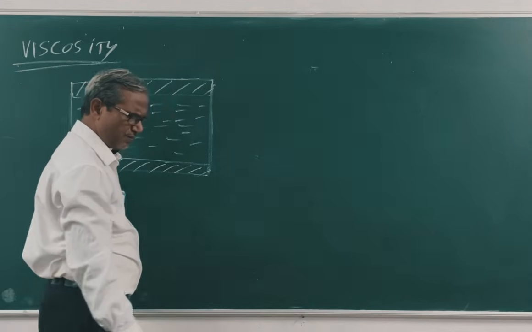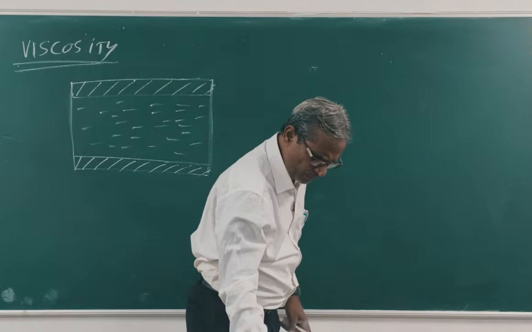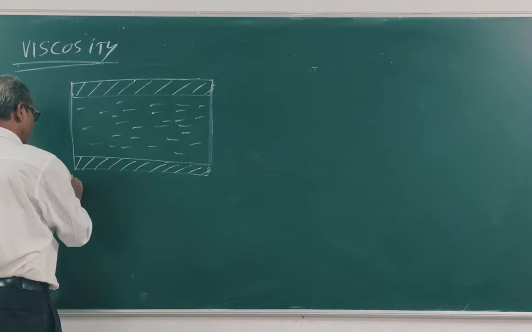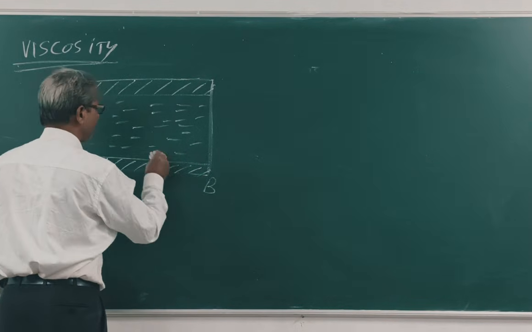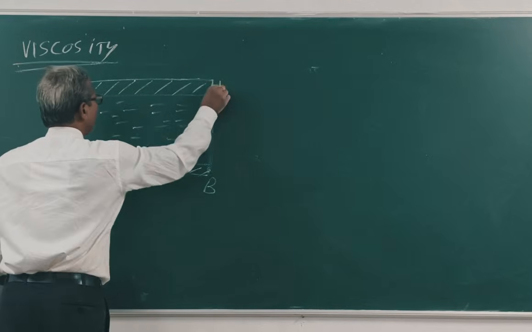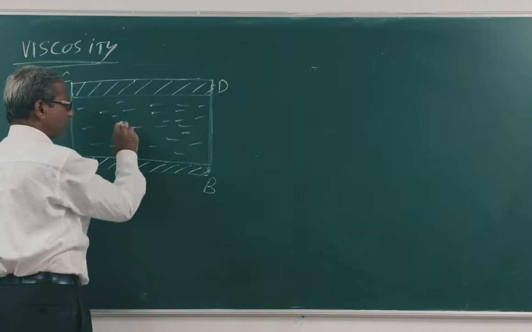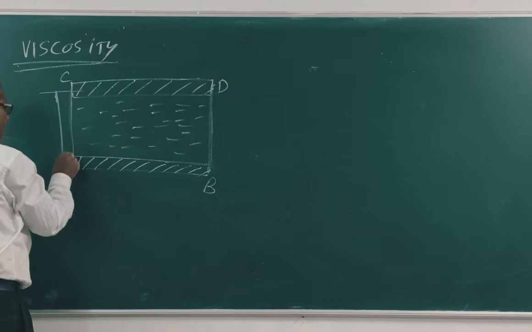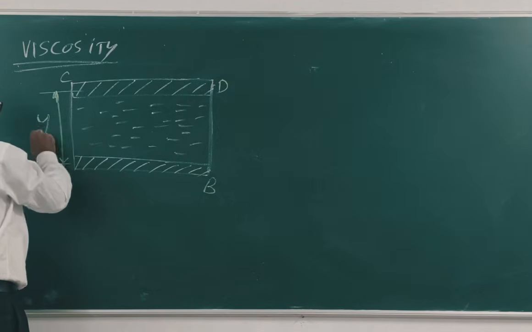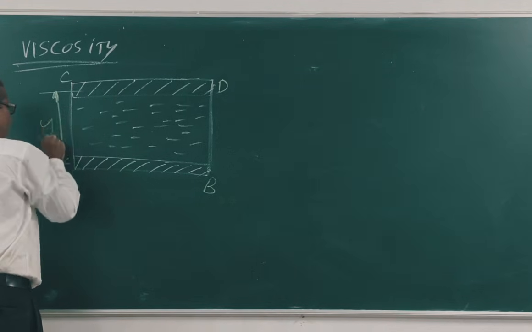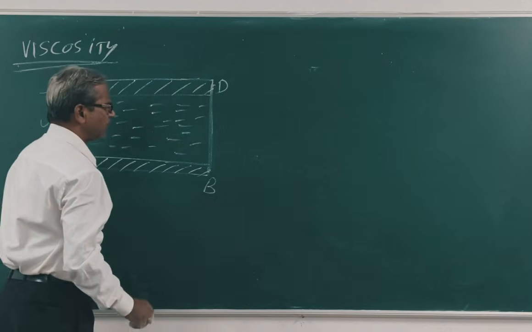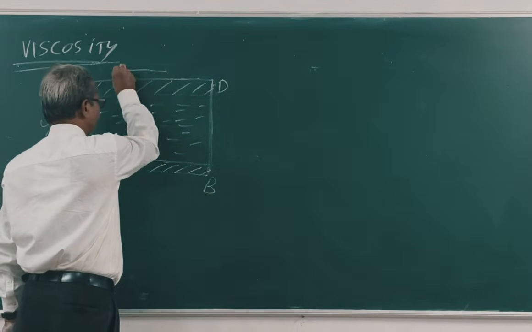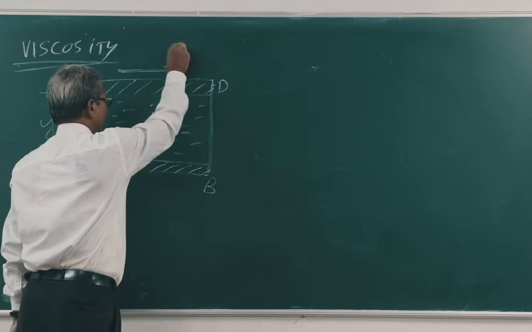Consider two parallel plates AB and CD. This is AB, CD. This is the fluid content. The distance between the two plates is Y. A shear force F acts on the upper plate. Clear?